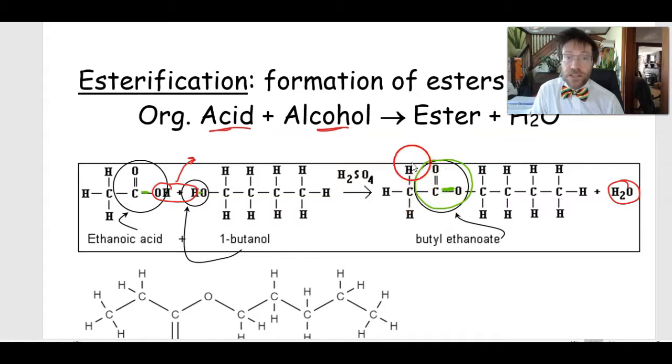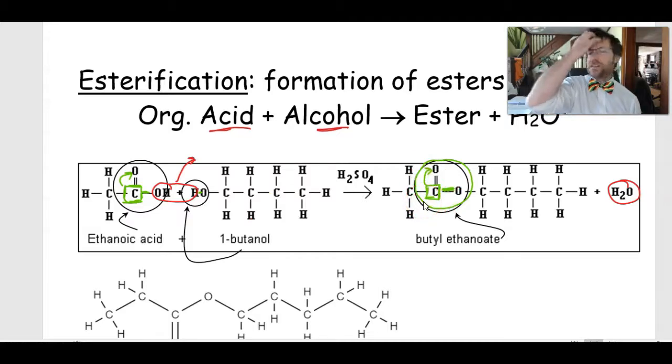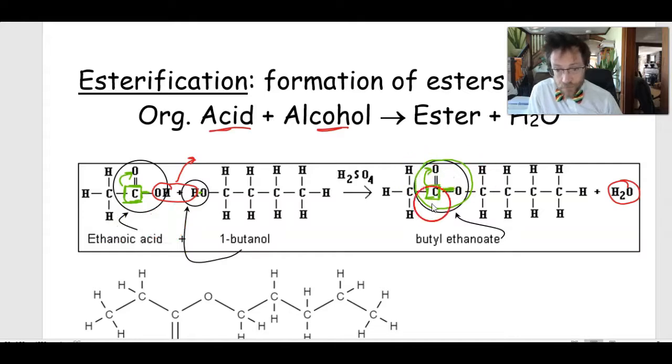Now here's what I want you to see. Over here, do you see how this carbon has this double bond? Well, there it is right here. Here's the carbon, and there's the double bond, the double bonded oxygen, to be clear. So when you look at this ester, this portion came from the acid, and this portion came from the alcohol.